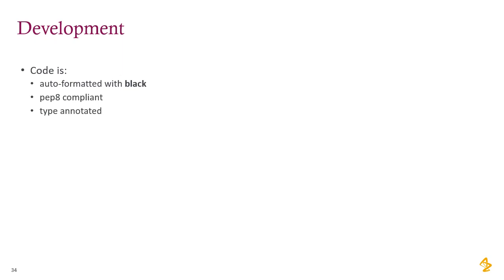Next, I would like to talk about some development issues, things that you have to think about if you want to contribute to the code base, which I very much hope that you would like. So the code is auto-formatted with black, and it's PEP 8 compliant, and we have added type annotations throughout the code.